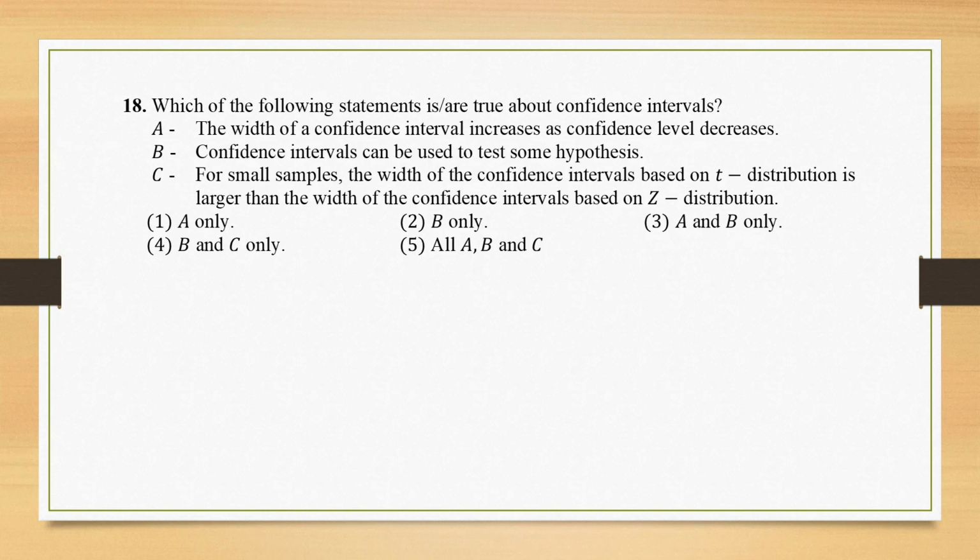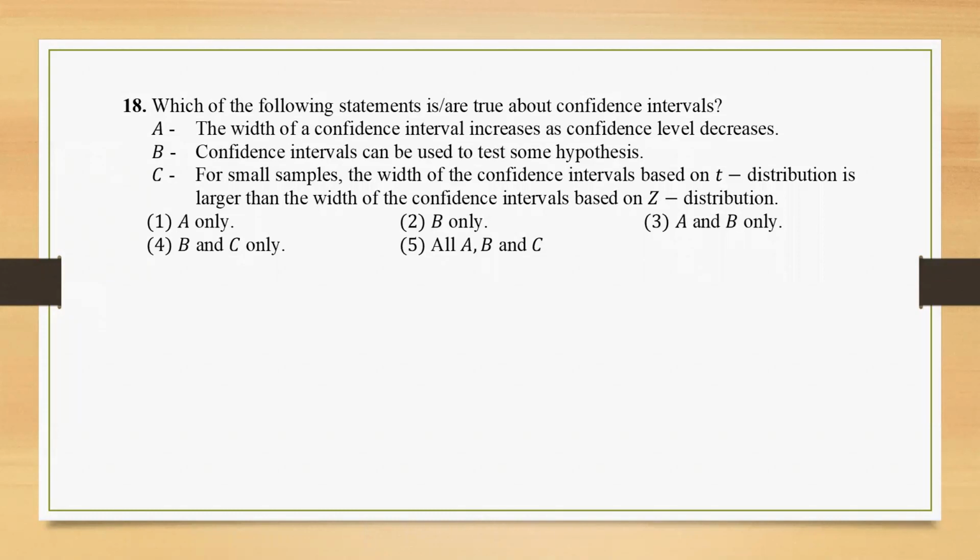So the width of a confidence interval. The relationship between the width of a confidence interval and the confidence level. So normally when the confidence level decreases, the width of the confidence interval also decreases. There is a positive relationship between the width of the confidence interval and the confidence level.